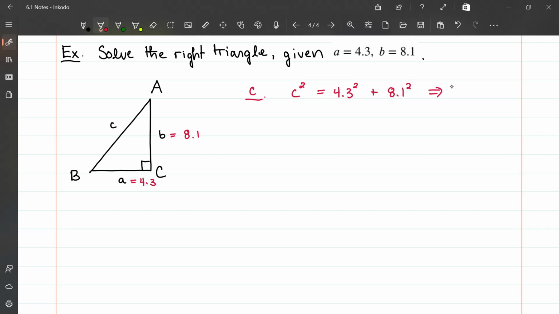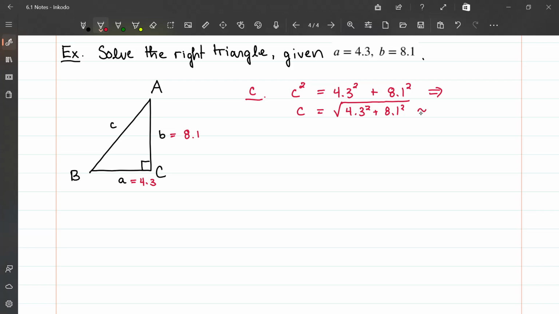I also know then that if I take a square root of both sides, in this particular case, I shouldn't have any issues, and the square root of 4.3 squared plus 8.1 squared should be the exact value of little c. Clearly, this is going to give us a kind of ugly calculation, so let's also get the approximate answer to 2 decimal places, just so we have that for our final answer.